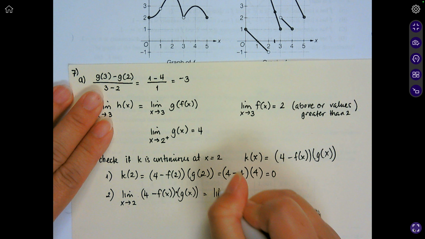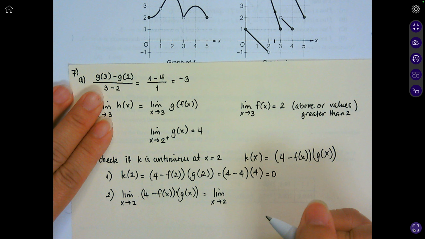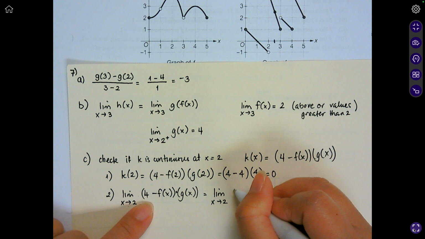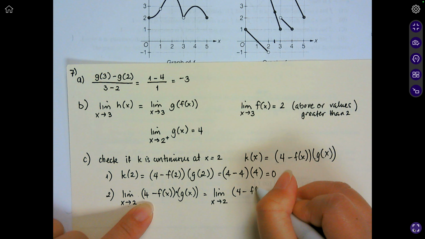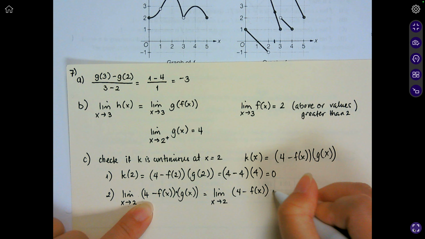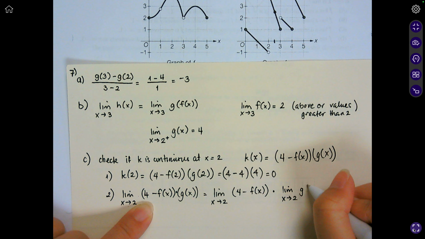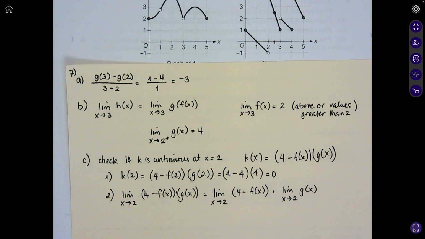You can find the limit as x approaches 2 of 4 minus f of x first, and then times the limit as x approaches 2 of g of x. Are we okay?